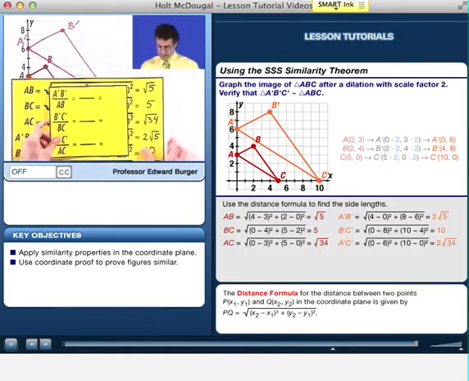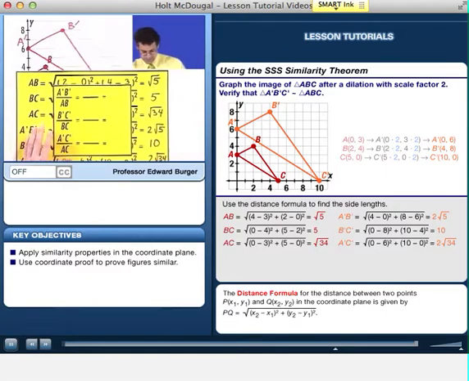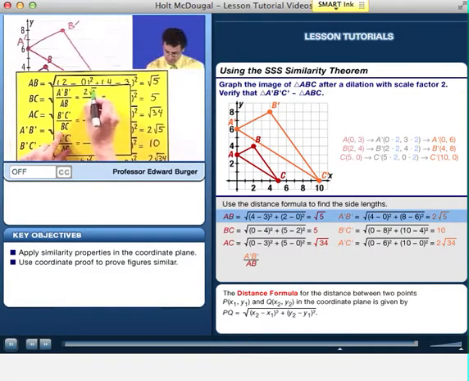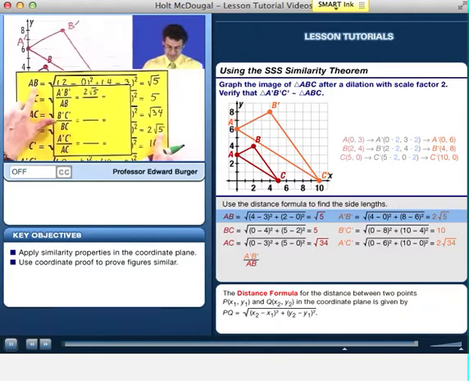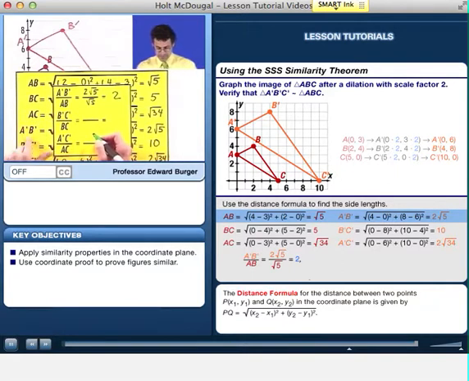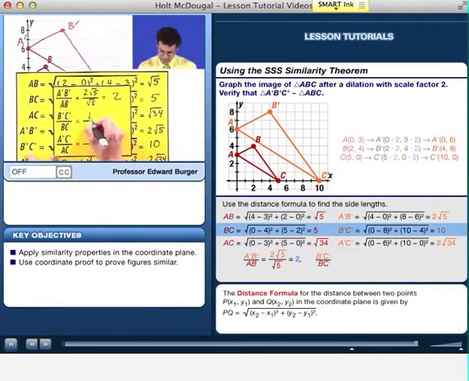I can write it down again for good measure. So we see that we've got 2 square root of 5 for A prime B prime, versus AB, which is square root of 5, and that's 2. And then B prime C prime equals 10, but BC equals 5. So we get 2 again. And you see it.